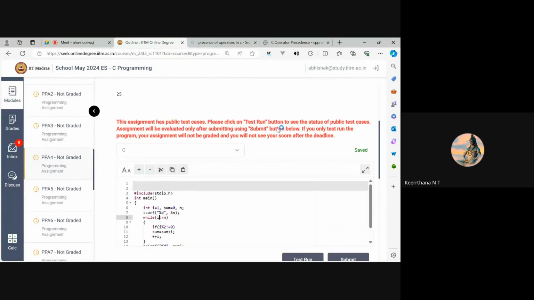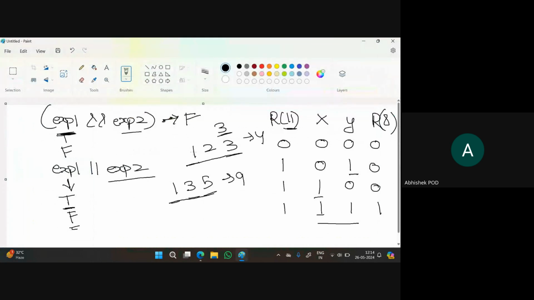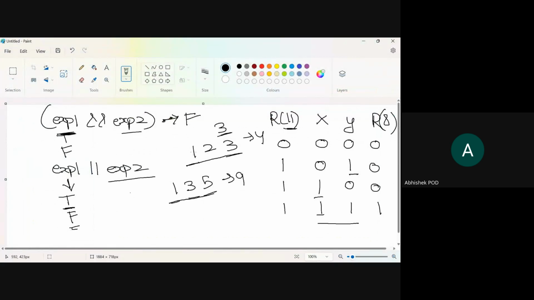Sir, can you explain the problem again? Yeah, all right. See, the question is saying that if you are given an input of 4, you should be calculating the sum of the first 4 odd numbers. So you first have to find out which are the first 4 odd numbers. The first 4 odd numbers are 1, 3, 5, and 7.